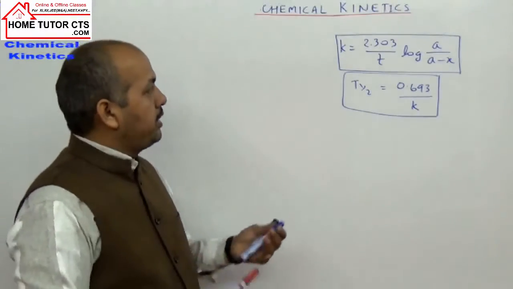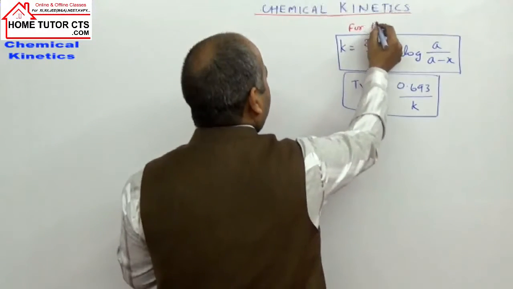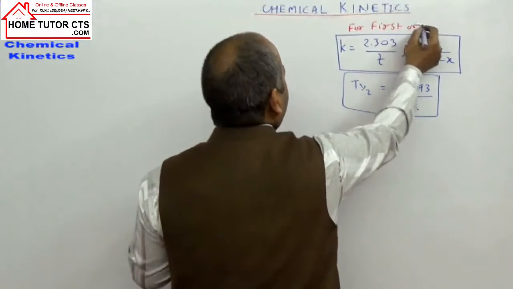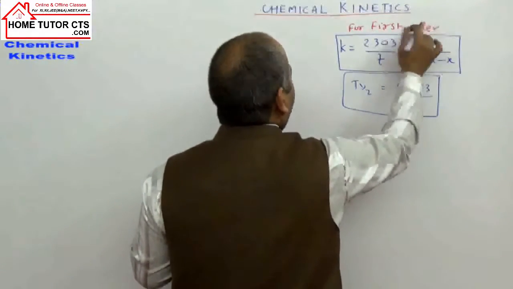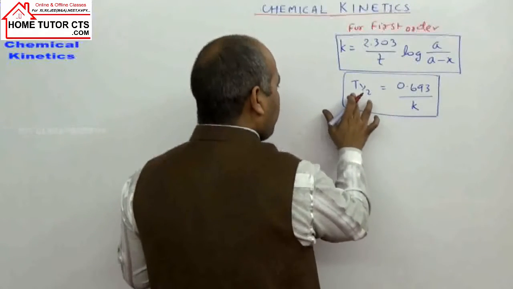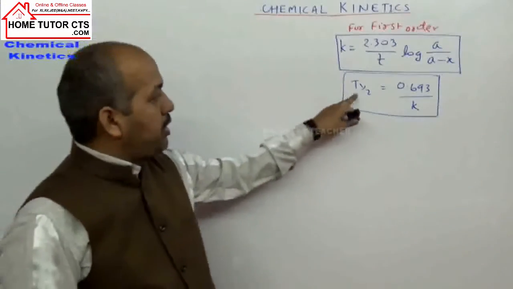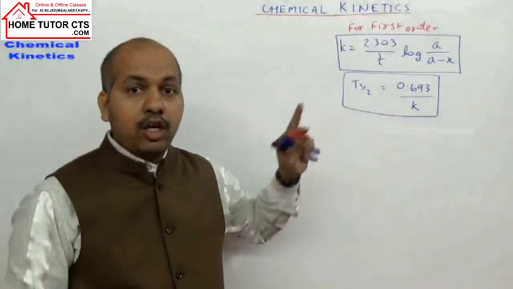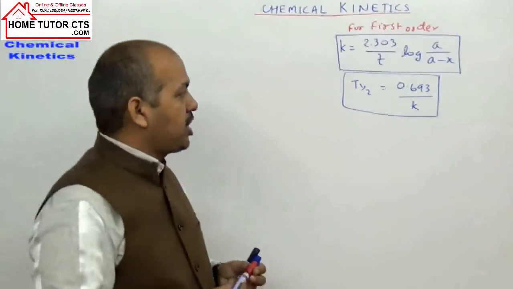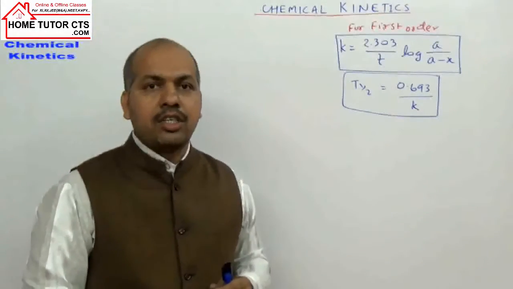For first order reaction, the value of the rate constant is given by this expression, and the t half is given by this expression. Now if we take the t half expression, the half-life period of the reaction does not depend on the reactant's initial concentration.